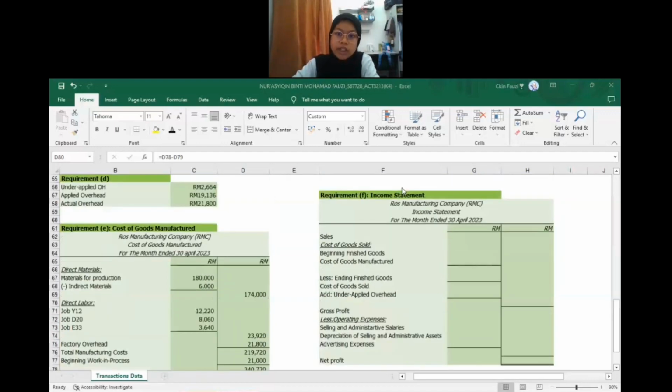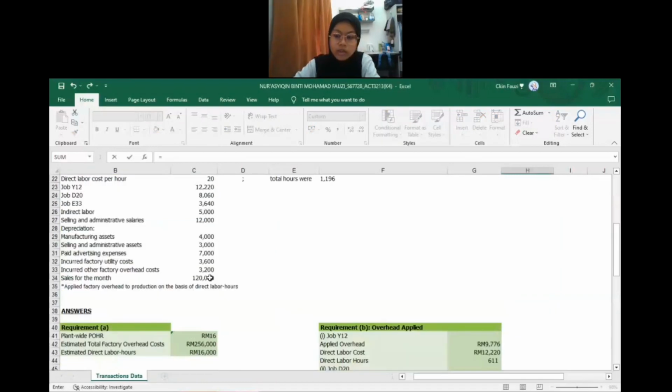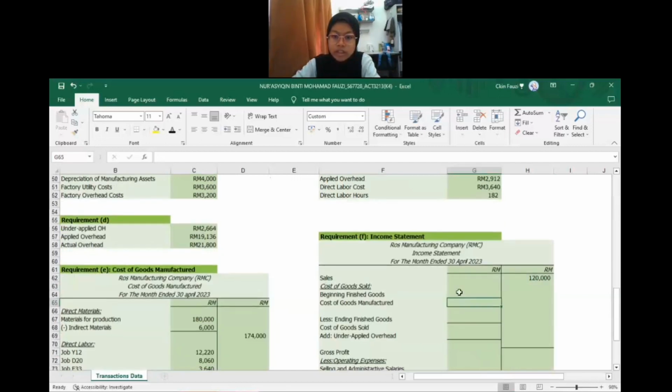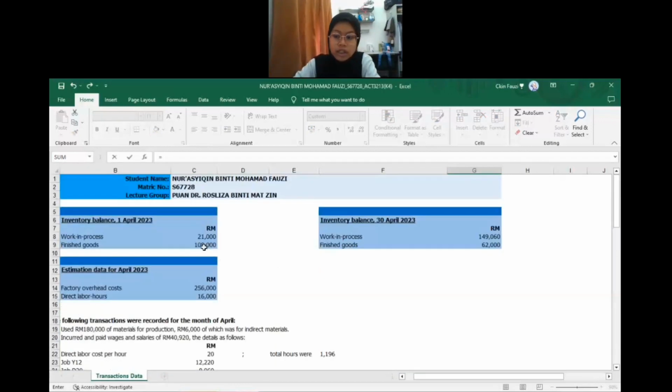Last question, find the income statement. Equation already given. Sales amount is 120,000. And equation already given, beginning finished goods 108,000.